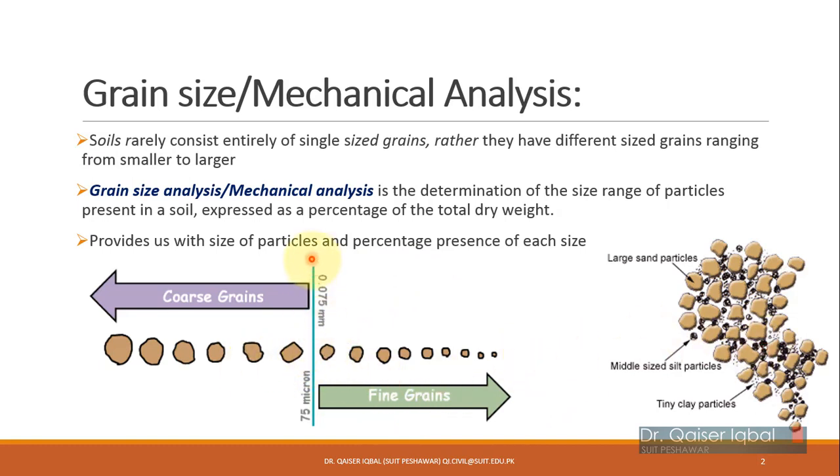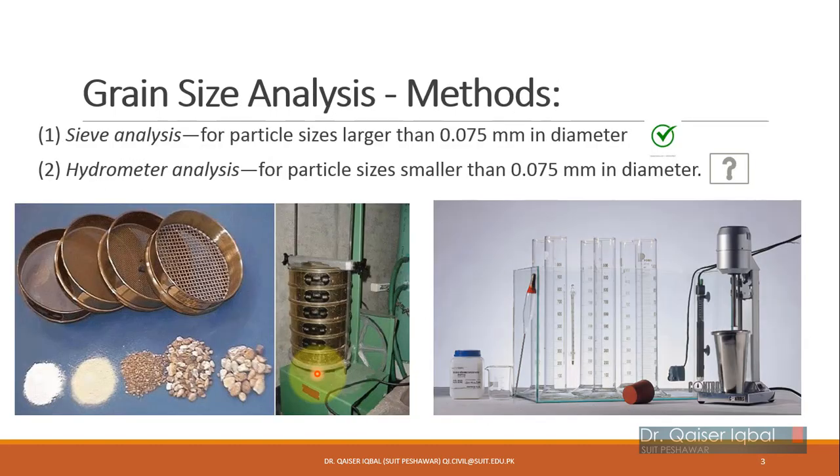So for distinction purposes, we said that all the particles that have a size greater than 75 micron or 0.075 millimeter will be considered coarse grain soils, and if the soil particle size is less than 75 micron or 0.075 millimeter, then this soil will be known as a fine grained soil.